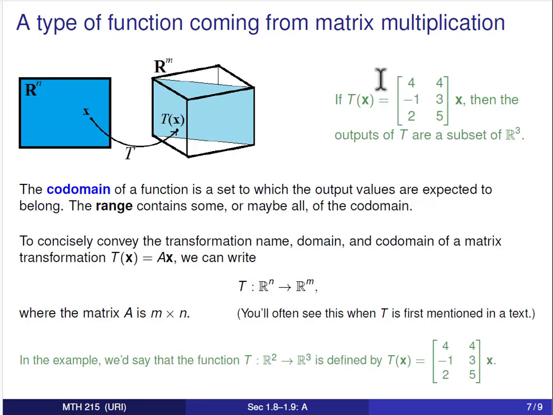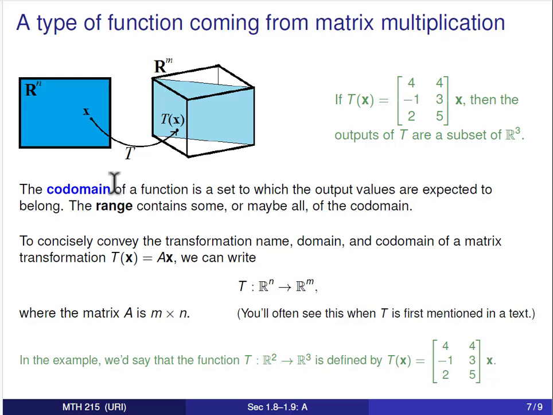Okay, now, if we wanted to be a bit more precise, what we're going to say is that the codomain of this function is R3. So the codomain is defined as a set to which all of the output values are expected to belong. So remember, when we started with our definition, we said that when you multiply this matrix by a two-dimensional vector, you're going to get out a three-dimensional vector.